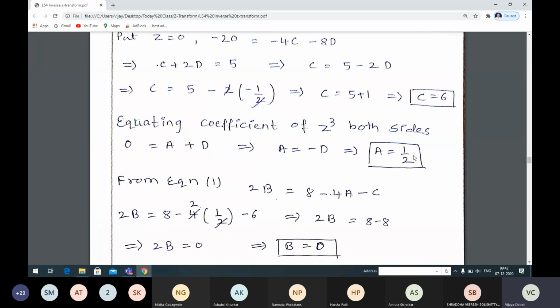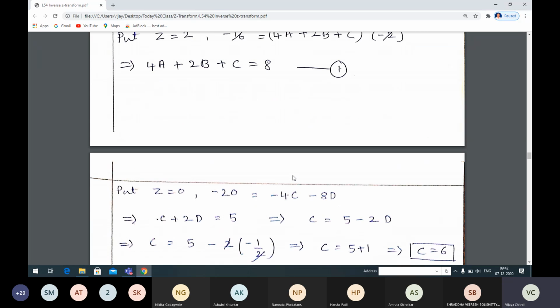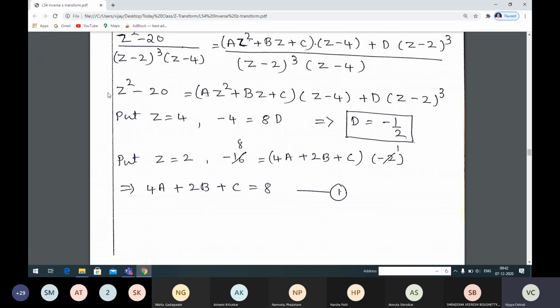So how did we get the value of a here? Equating the coefficient of z cube on both sides. So see this equation, right? The z cube on the LHS is 0. Here, multiplying these two, definitely we get a z square into z, so definitely you will get a z cube term. So the coefficient of this z cube will be a here, and here expand this. So definitely a cube is there.